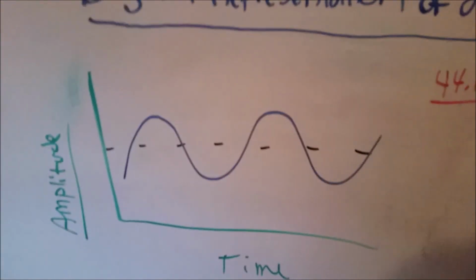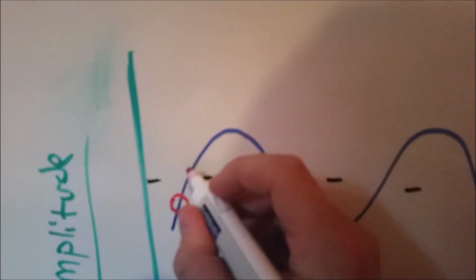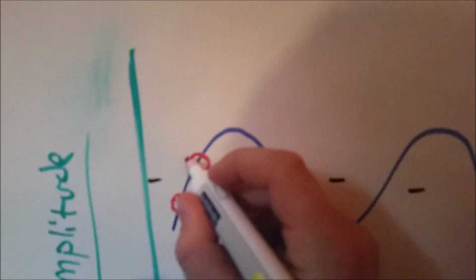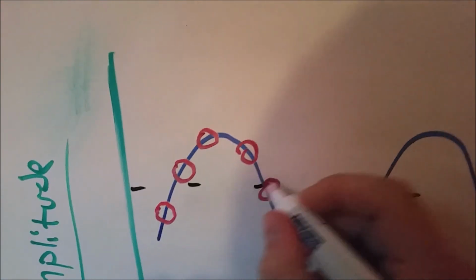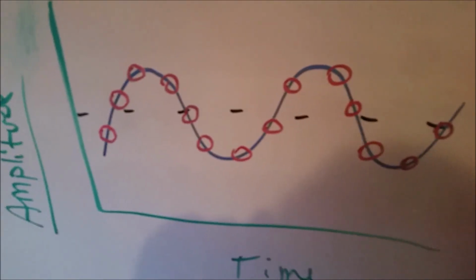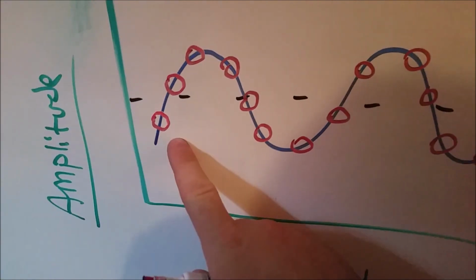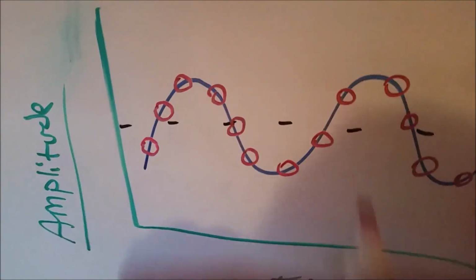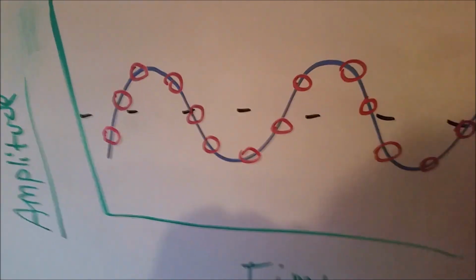So what does this mean? Well, every 44.1 thousand times a second, there is a sample being taken of this analog signal. These little circles are snapshots of the amplitude of this signal and its frequency information at a given time.